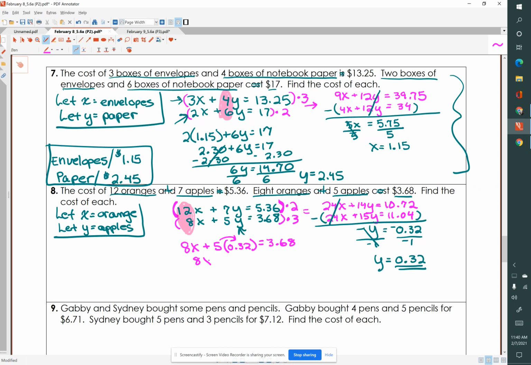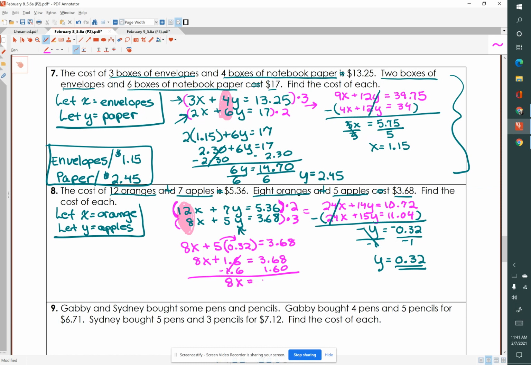So 8x plus 5 times 0.32, that's 1.6, or in the context of this problem, $1.60, equals $3.68. Now subtract the 1.6, or $1.60, from each side. I can put a 0 there if it helps me.